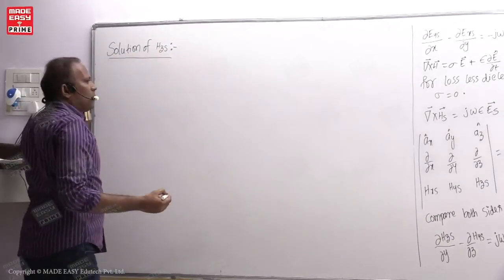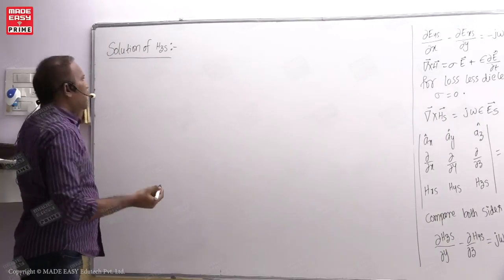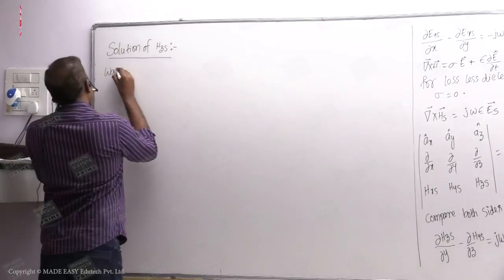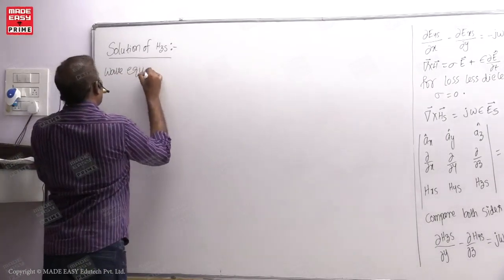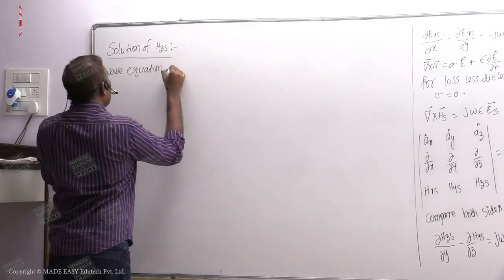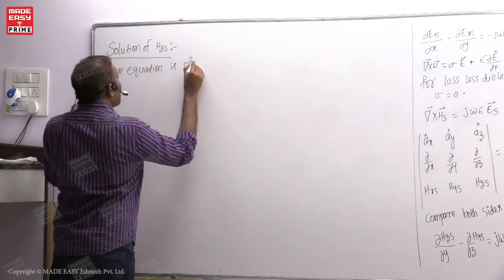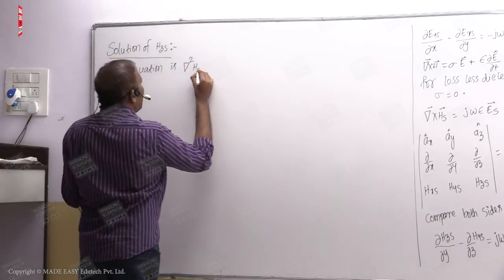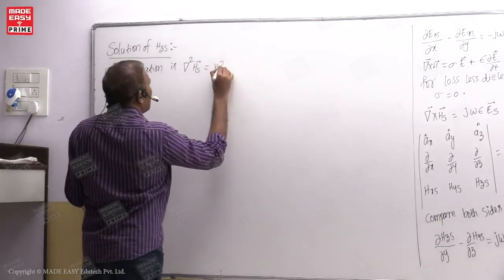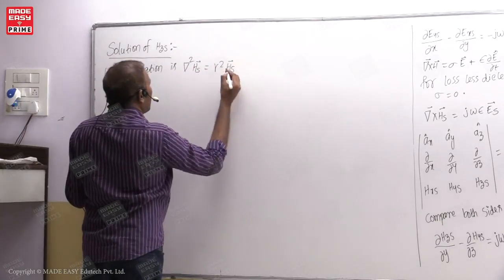For this, what we do again, already you know the wave equation is del square Hs bar is equal to gamma square Hs bar.